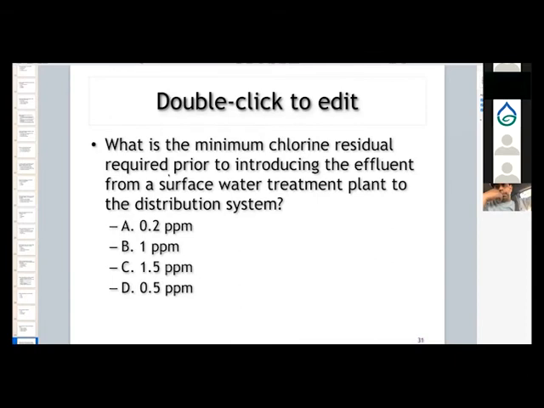What is the minimum chlorine residual required prior to introducing the effluent from a surface water treatment plant to the distribution? The minimum chlorine residual required prior to water entering the distribution system is A, 0.2 parts per million. That is a very low chlorine residual, and is a chlorine residual that you probably don't want to put out.